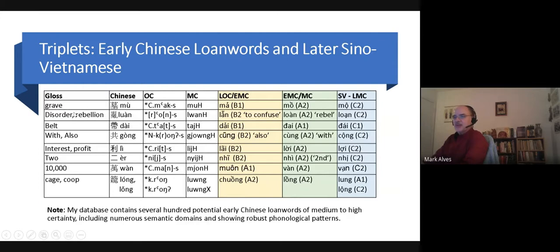So grave, and disorder, rebellion. This is very abstract, very cultural idea. Belt. This is a grammatical word, kum and kum. So, grammatical words here. Interest and profit, very abstract idea, very, here are numbers. Although we don't use these, right? I've seen it in dictionaries and I have never used these words, right?